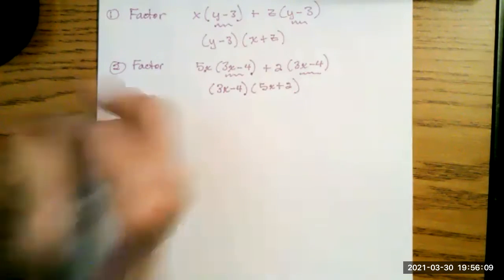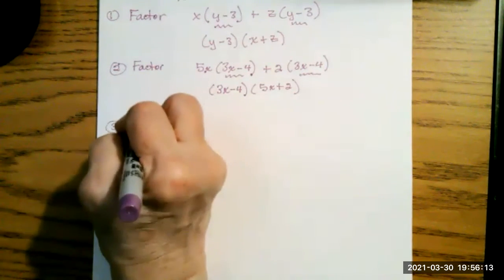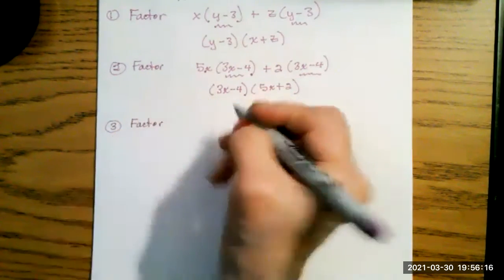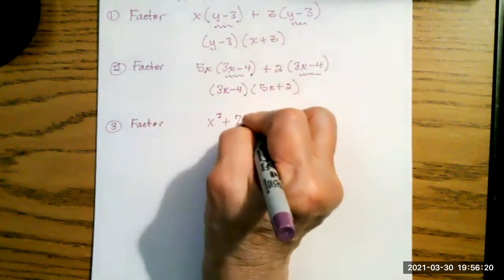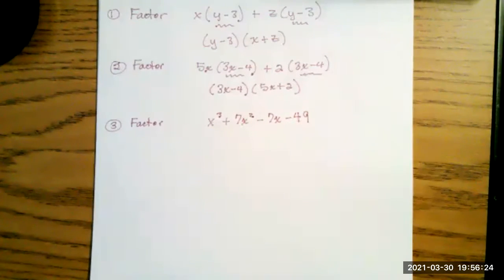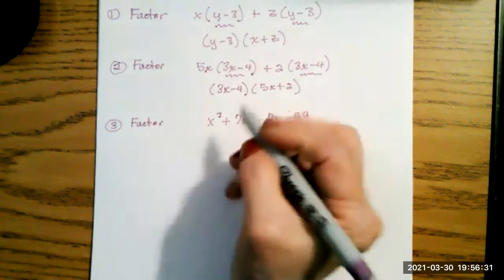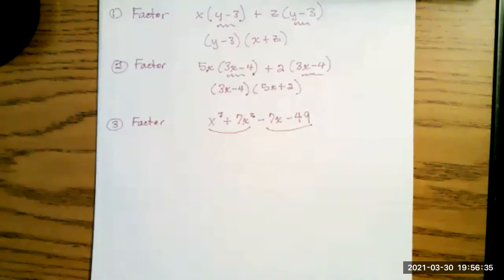All right. Let's do number 3. Number 3 says factor. And you have x cubed plus 7x squared minus 7x minus 49. And it's not grouped for us yet like those were up there, so we have to group it. Group it 2 and 2.